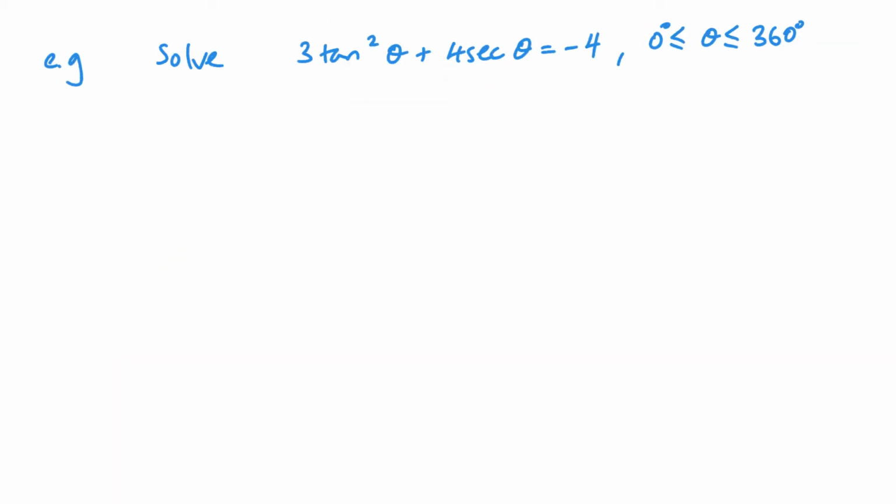Okay, when I'm solving an equation that looks like this, you can see the squared term, non-squared term. So we're looking at a quadratic style equation. When I have it in this form, what I need to do is change the squared term to match the non-squared term. So in this case, I know that tan squared can be replaced by sec squared theta minus 1.